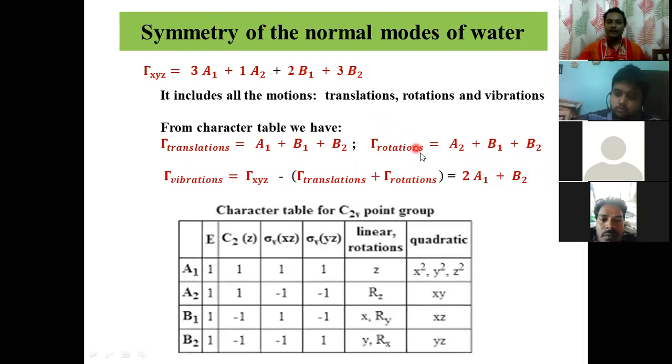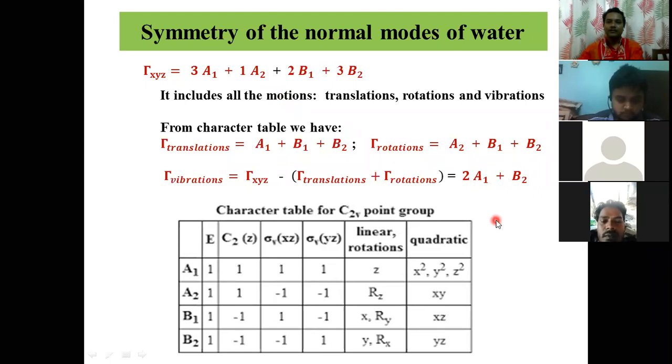If we have these representations for vibrations, the difficulty is that we really do not know what the a1 type of vibrations look like, nor b2, right? So therefore, we must take the help of internal coordinates or the bond coordinates, right? That is one disadvantage of this. But again, we have advantages. Then we'll discuss it in the later part of this course, right?